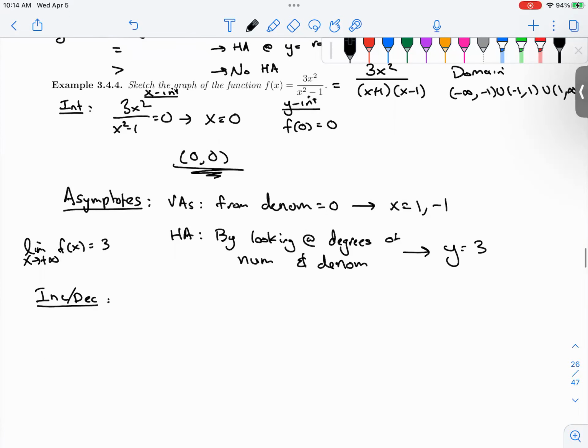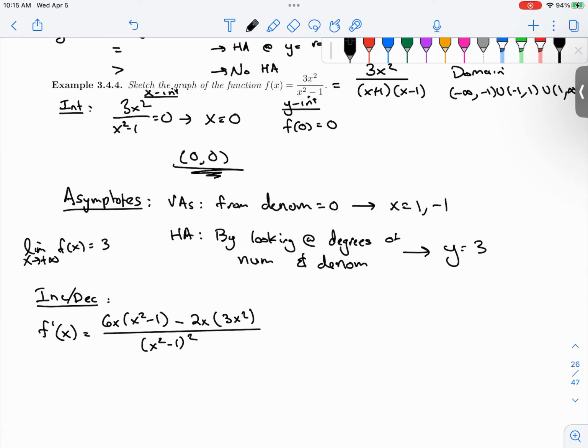So f prime, I'm gonna do the chain rule. Sorry, the quotient rule. So 6x times x squared minus 1 minus 2x times 3x squared, all divided by x squared minus 1 squared.